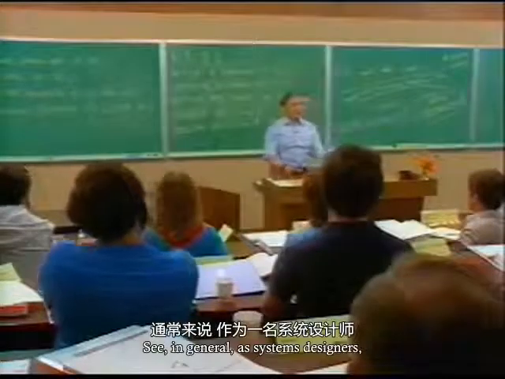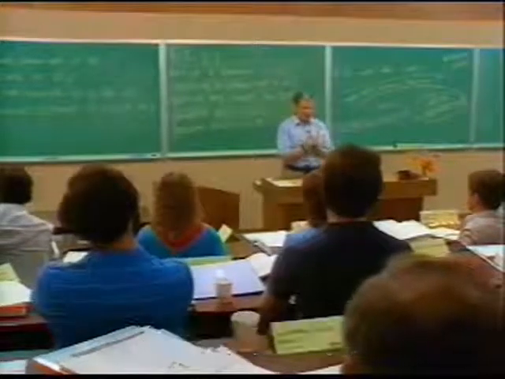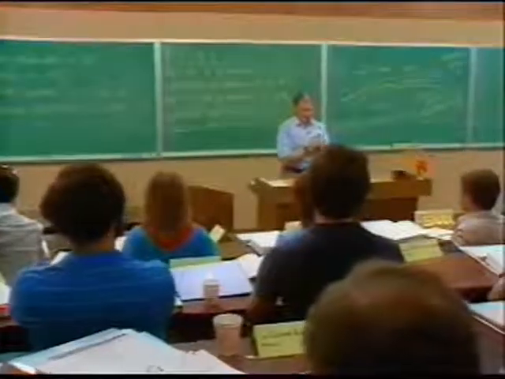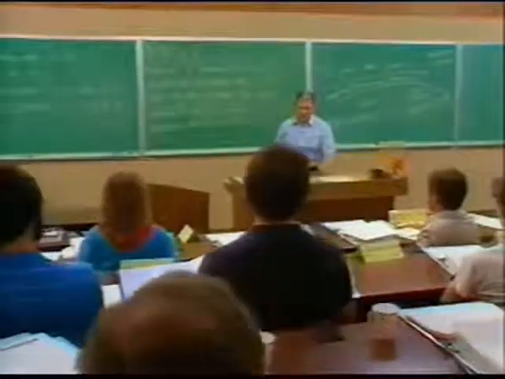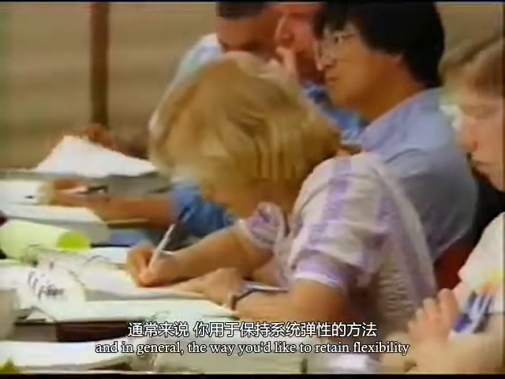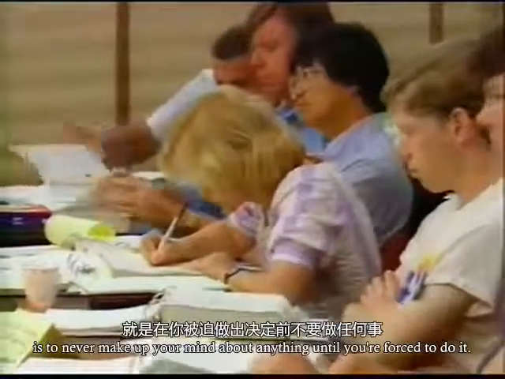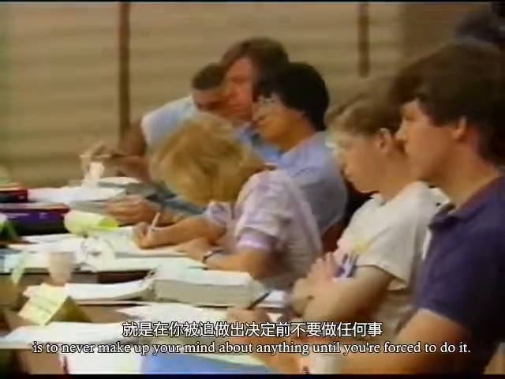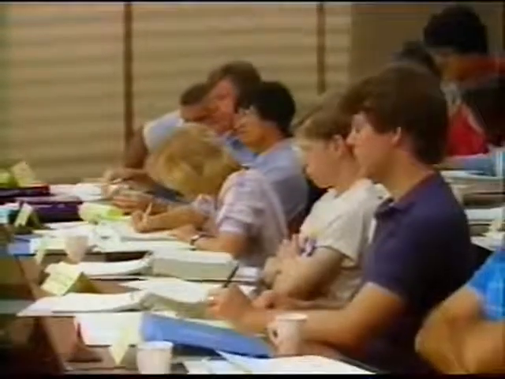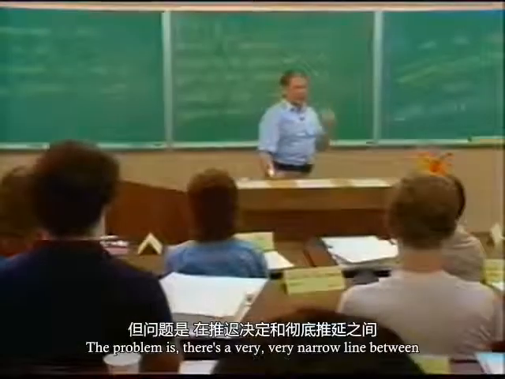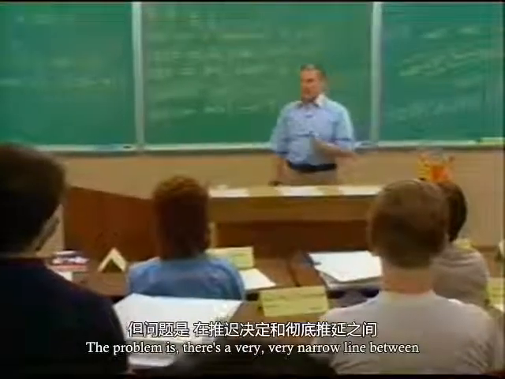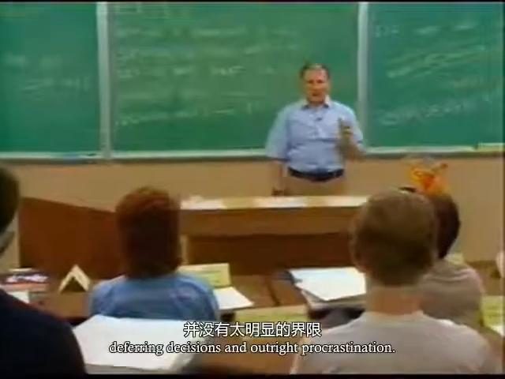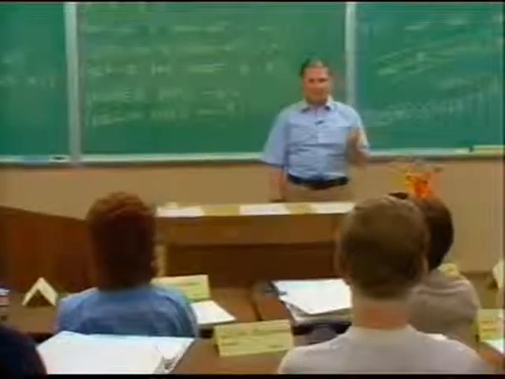In general, as systems designers, you're forced with the necessity to make decisions about how you're going to do things. And in general, the way you'd like to retain flexibility is to never make up your mind about anything until you're forced to do it. And the problem is there's a very, very narrow line between deferring decisions and outright procrastination.